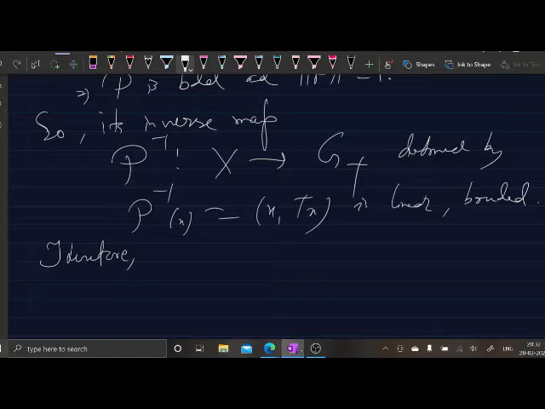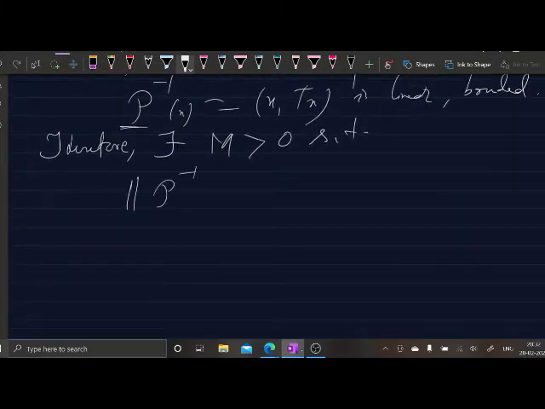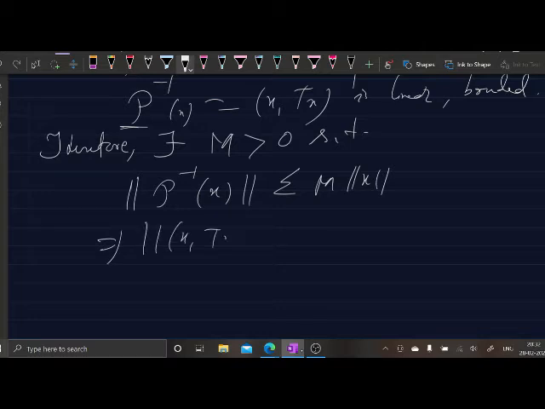So since this is bounded, there exists a constant M greater than 0 such that norm of P inverse x is less than or equal to M times norm x, right? So that means norm of (x, Tx) is less than or equal to M times norm x.